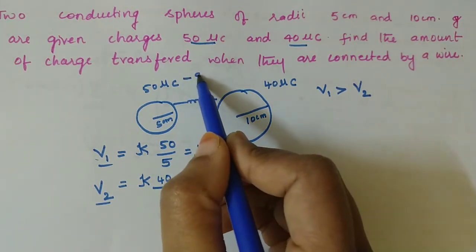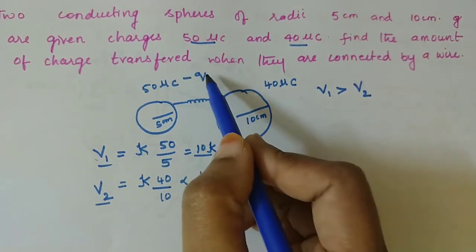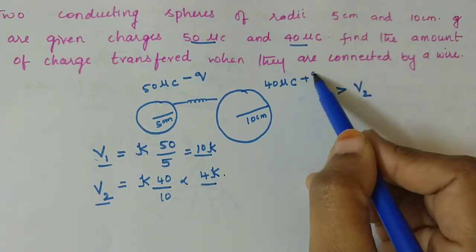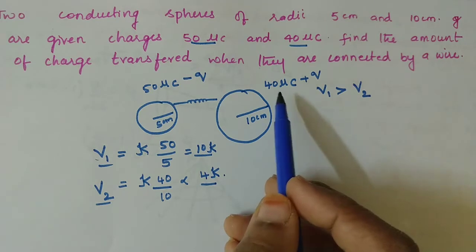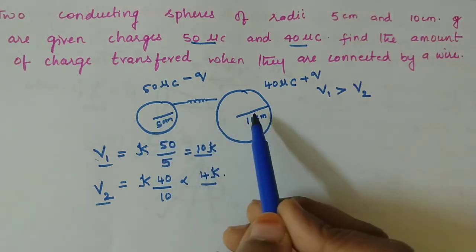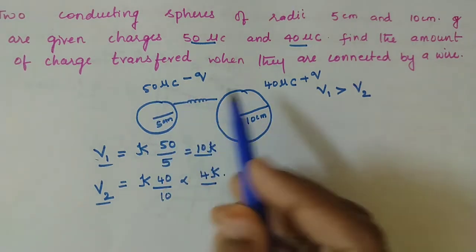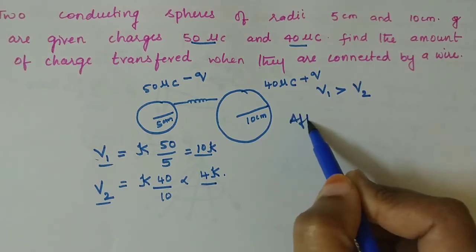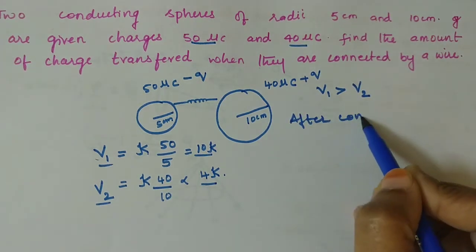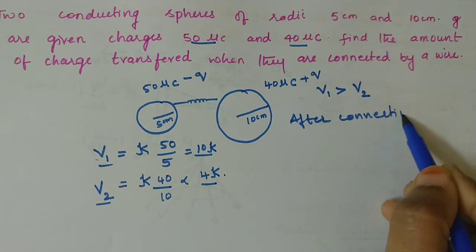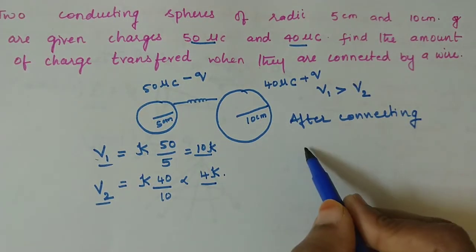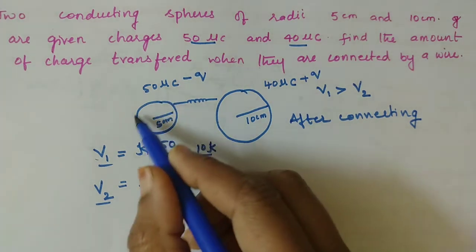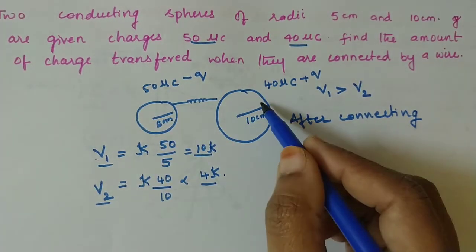So therefore, when you connect them, the smaller one is going to lose a charge, say q. This is going to gain a charge q, such that charge transfer occurs until their potentials become equal. Now I will equate the potentials after connecting. Since charge is transferred from one sphere to another until their potentials become equal, the potential of the smaller sphere becomes equal to the potential of the bigger.